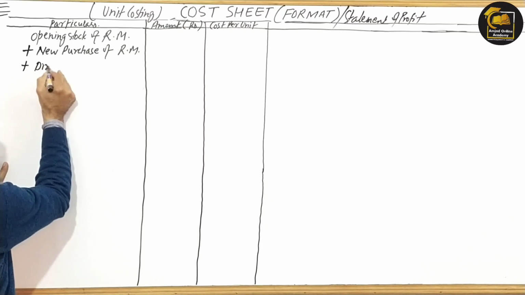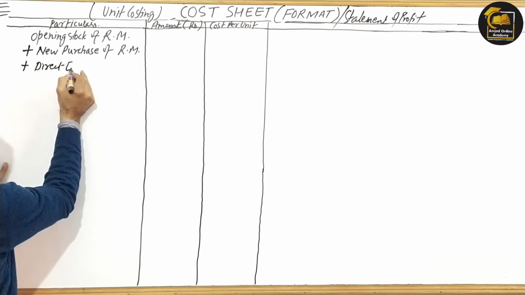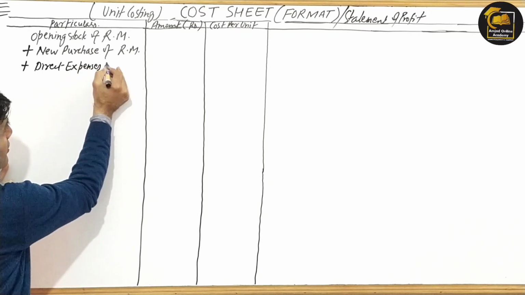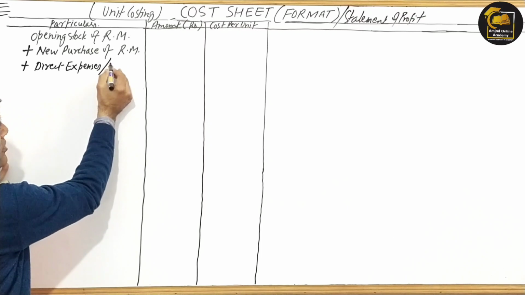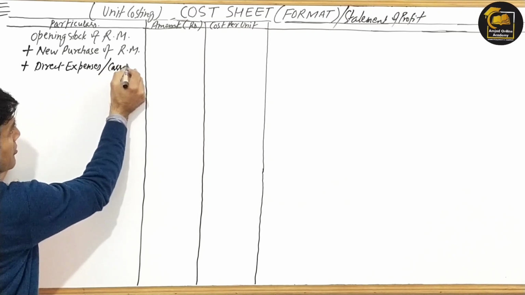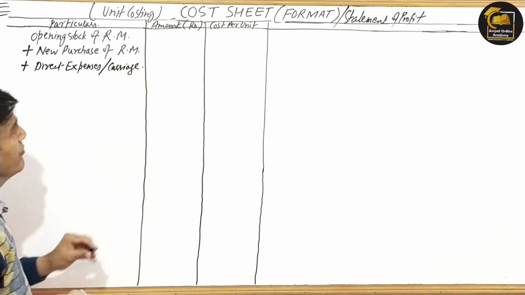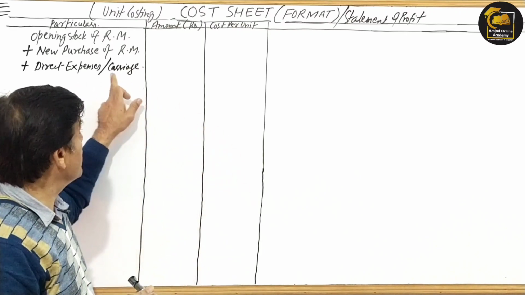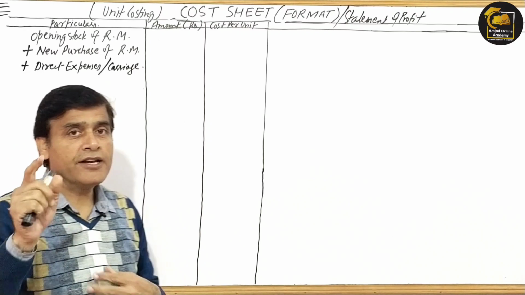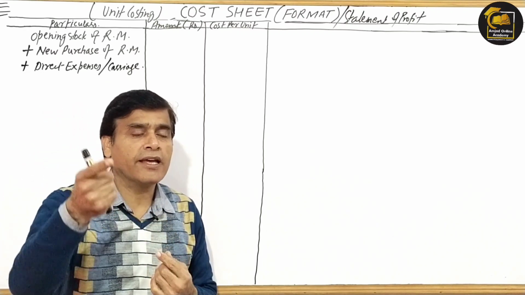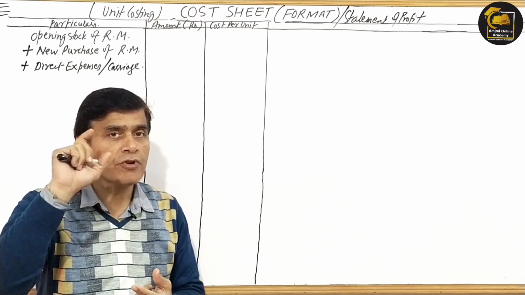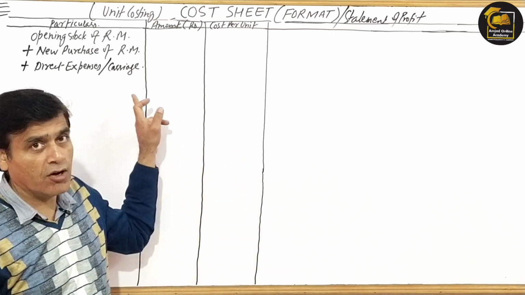direct expenses. Generally the carriage comes here, and this is the carriage inward. Look, when you are writing only the carriage, it is understood this is the carriage inward. But if it is carriage outward, you have to mention the word outward specially, right? You have to suffix the word outward.